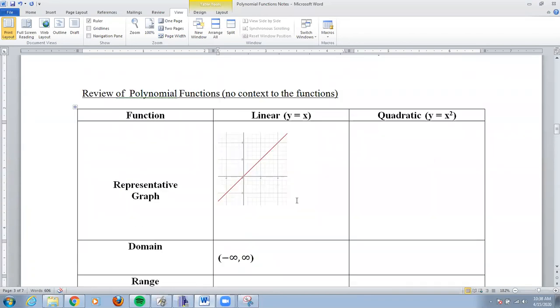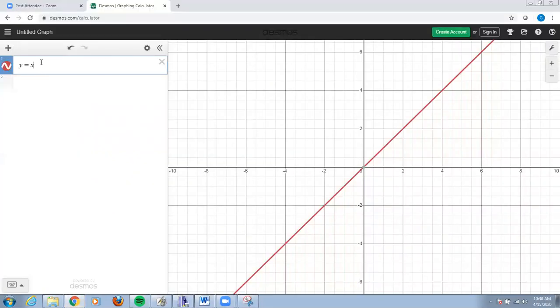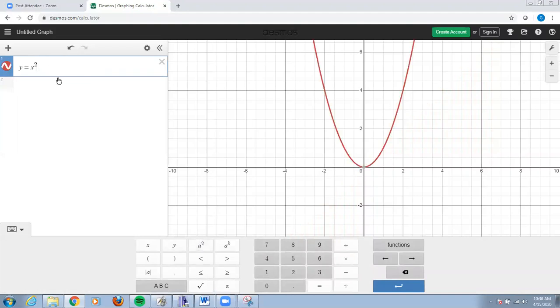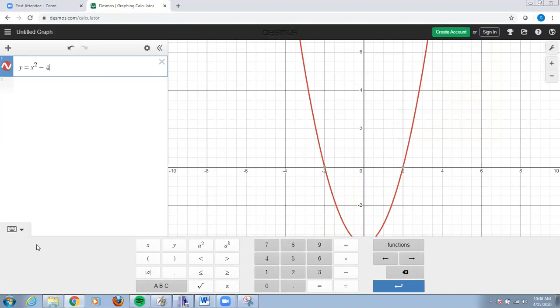Okay, so we'll go look at a quadratic. So we'll make a quadratic. We'll go, in this case, y equals x squared, and we'll just bring it down, the vertex minus 4. Okay.